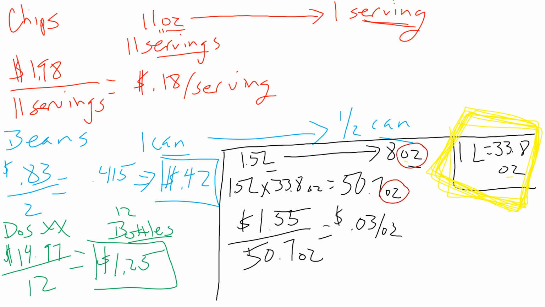Now, how much do I need? I need 8 ounces. So I multiply by 8 ounces, and I get 24 cents per my serving. Okay? So now we can put all this back together.